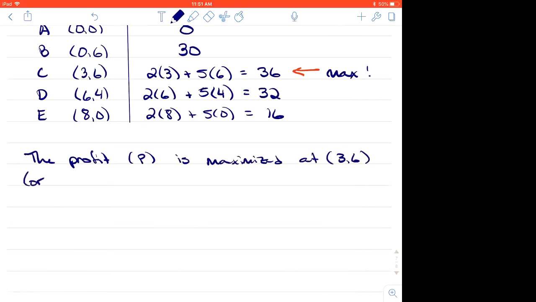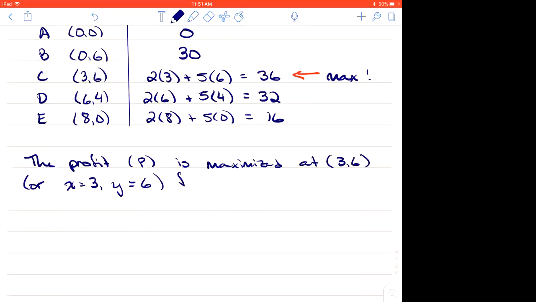Or if you want to say x equal to 3, y equals 6, that's fine too, for a profit of 36. Cool.